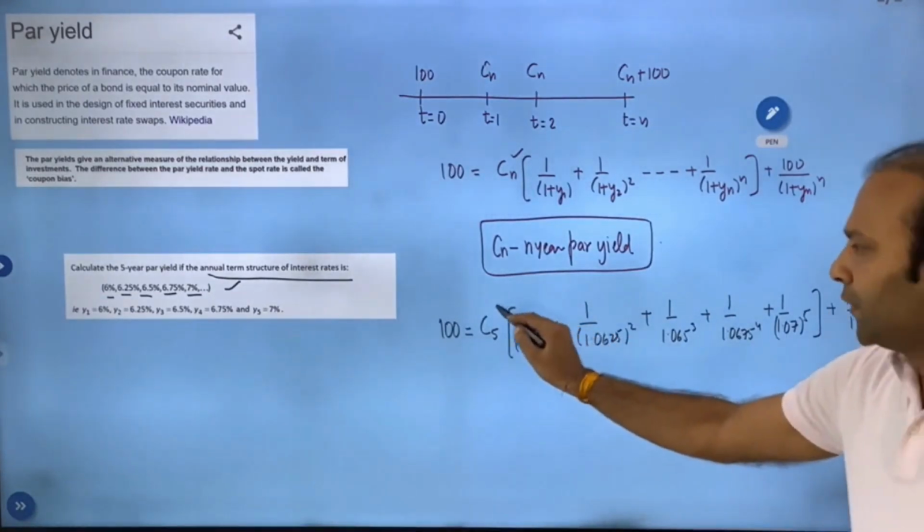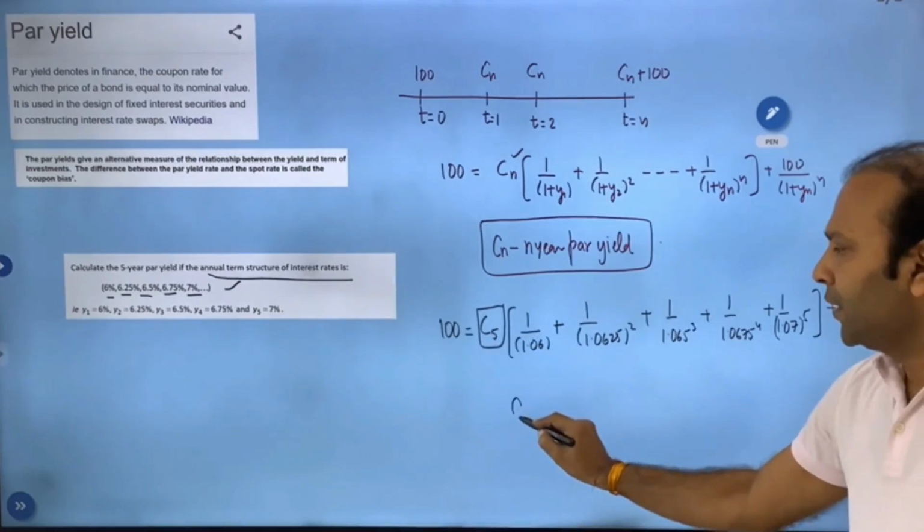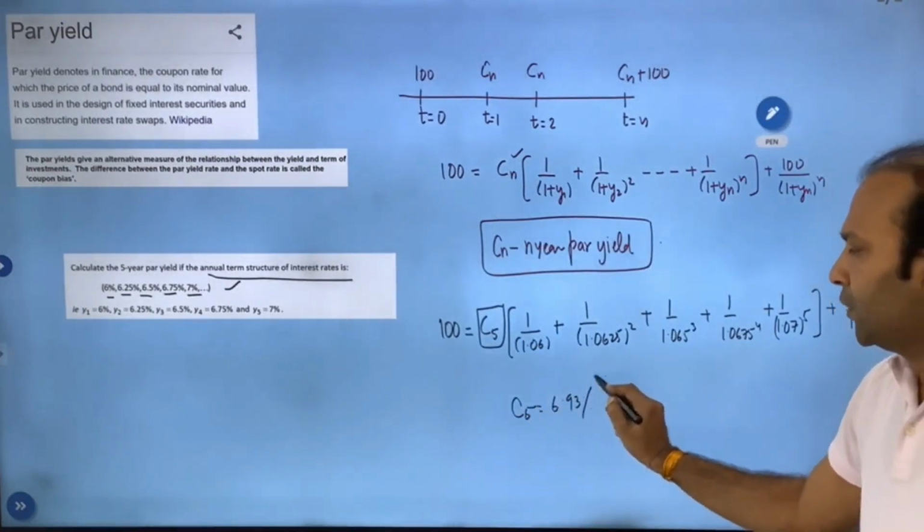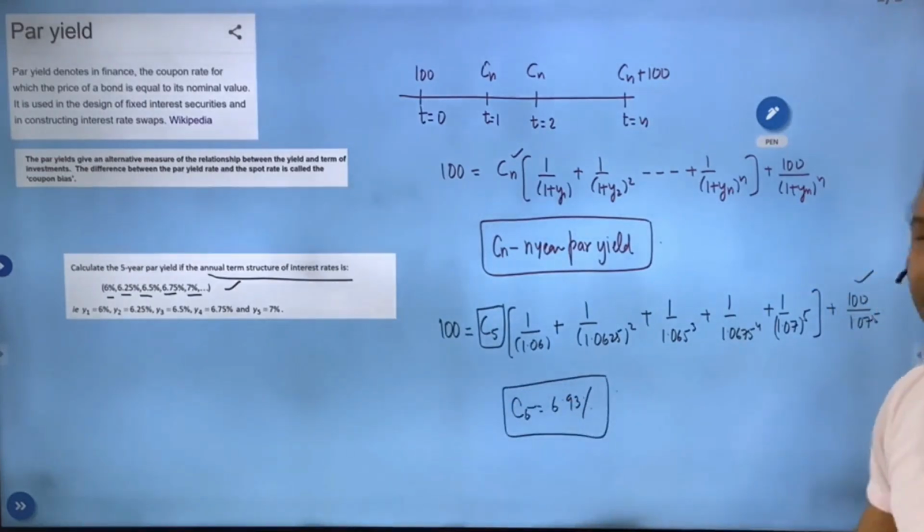Now class, solve this equation for C5. When you simplify, you get 6.93%. So this is your par yield class.